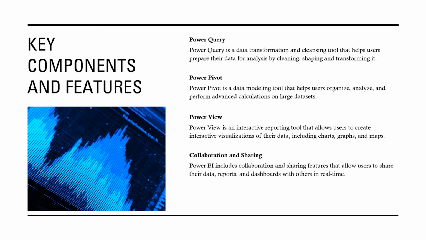Power Pivot is a data modeling tool. It allows users to create relationships between tables, define calculated columns and measures, kind of getting fancy with things, right? And then analyze data using those DAX formulas that I talked about earlier, once your data is loaded in Power BI.